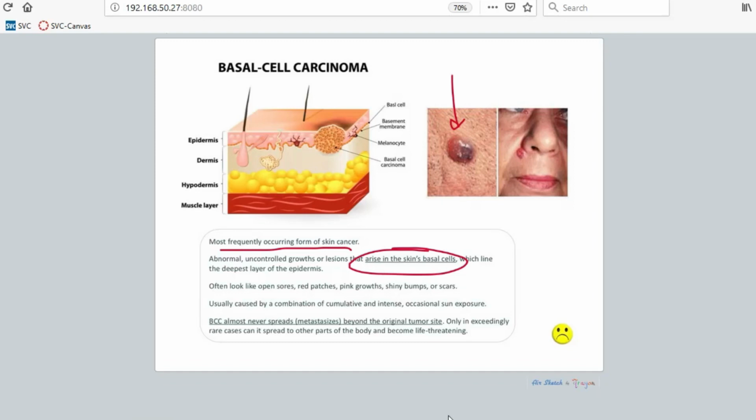And these are usually caused by a combination of cumulative and intense UV exposure. But the good news with basal cell carcinoma is that they almost never spread or metastasize beyond the original site. So only in rare cases does it spread and can become life-threatening.